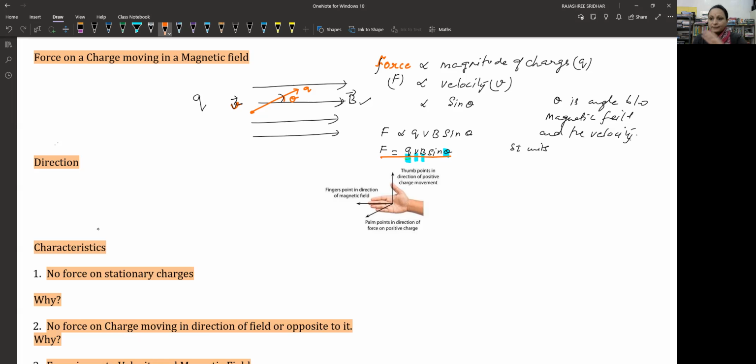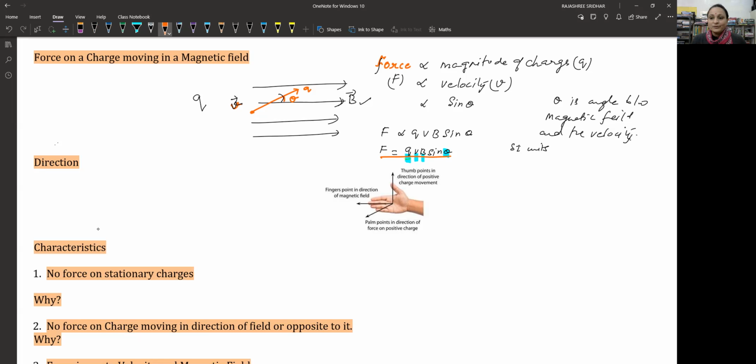If there is no charge, there will be no force. और इसके पहले एक और चीज बतानी है, किसने निकाला इसको? लॉरेंस नाम के एक साइंटिस्ट ने निकाला. उन्होंने पाया कि चार्ज होना चाहिए, दूसरा चलता हुआ होना चाहिए, it should have some velocity, and the third is it should make some angle other than 0 or 180 with the magnetic field. Why?